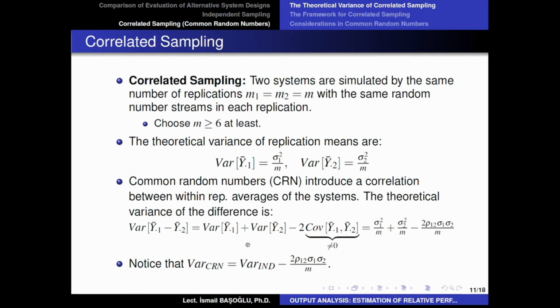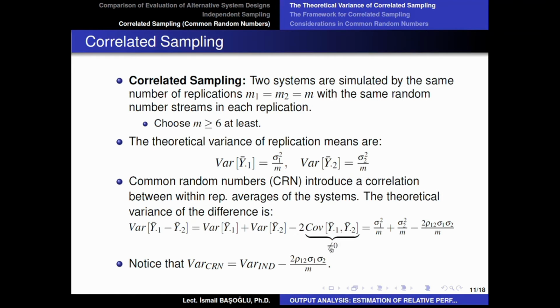Now, here's the thing, my friends. Since we use the same random number sequences in each replication, it is possible that the results of the replications under alternative system designs are correlated with each other. Therefore, the average across replications for the first system design and the second system design may have a correlation as well.